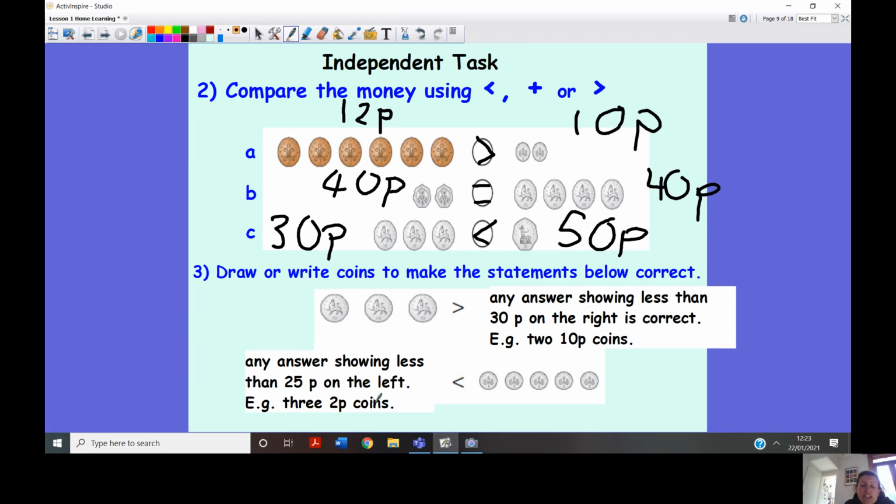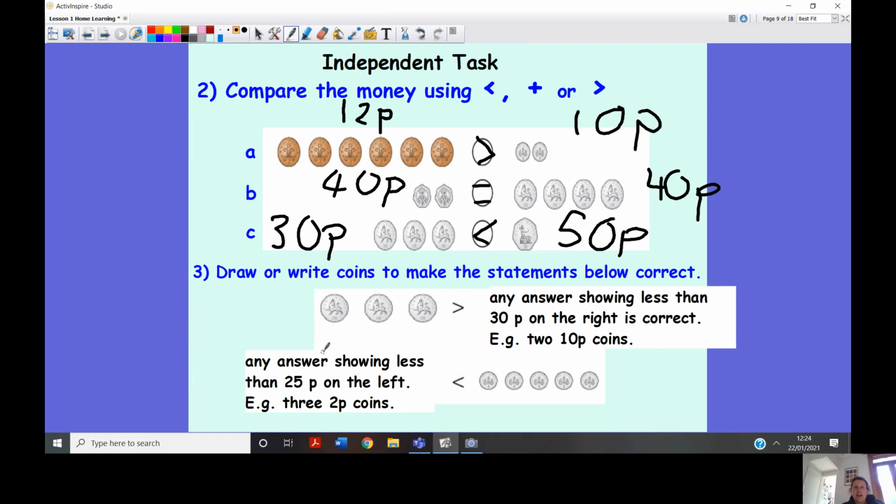On this side, we want to see any answer which is less than 25p, because this value is greater than anything on this side. Looking forward to seeing those different combinations when you upload your work on Seesaw.